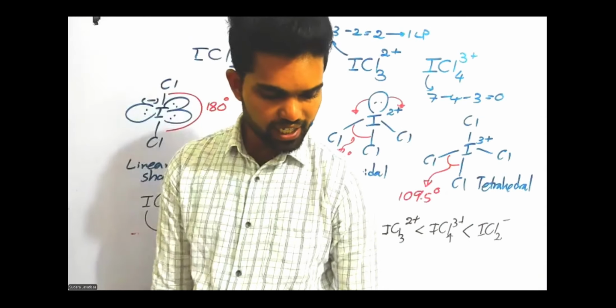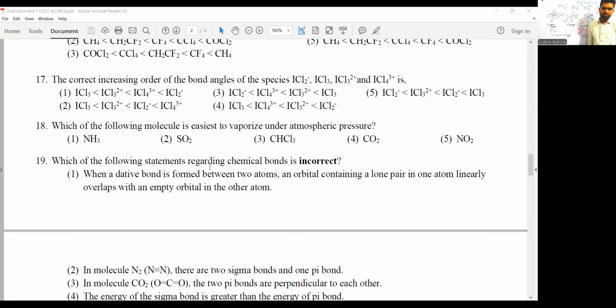Question number 18. Which of the following molecules is easiest to vaporize under atmospheric pressure? Easiest to vaporize. It's a good question. We'll talk a little bit about that. What is vaporization? What is meant by easiest to vaporize?